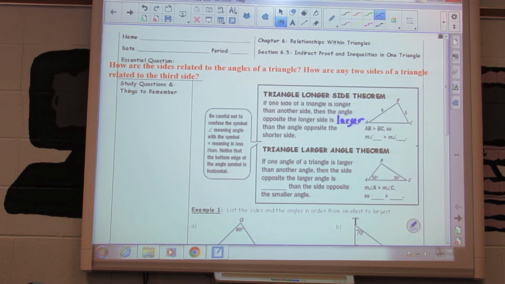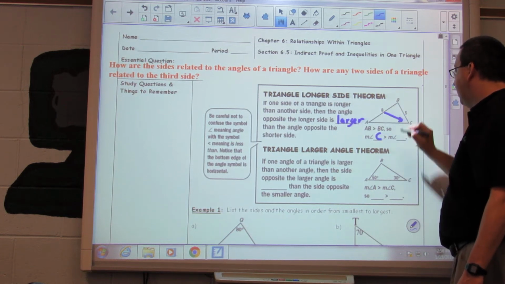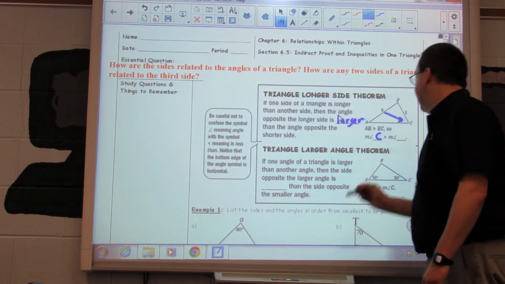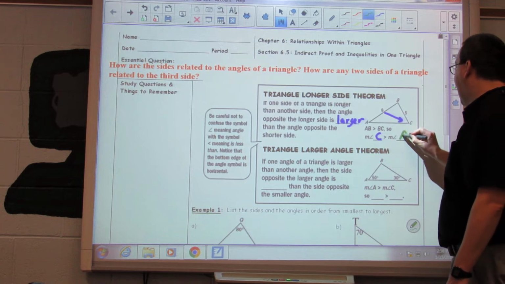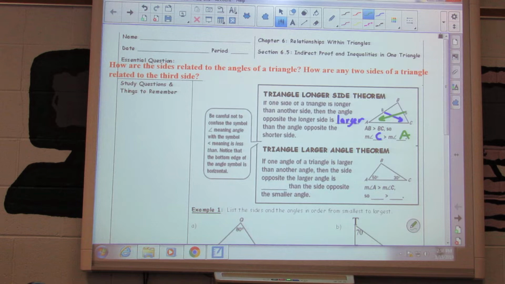What that means is that angle C, which is opposite AB and the 8, is larger than angle A, that is opposite BC and the 5. I can't say anything about AC and angle B. I know nothing about their side length or angle measurement.